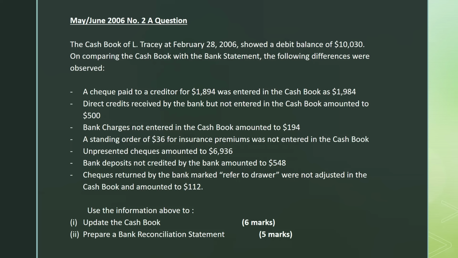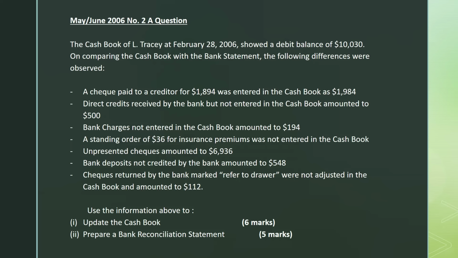And then the last one, checks returned to the bank marked refer to drawer. What happened to the check? If it was marked refer to drawer, it was a dishonored check, right? It was not adjusted in the cash book. Would this go in a revised cash book? Yes, sir. It was not adjusted before, so now we have to adjust it.